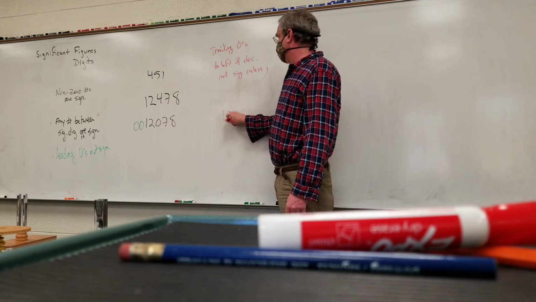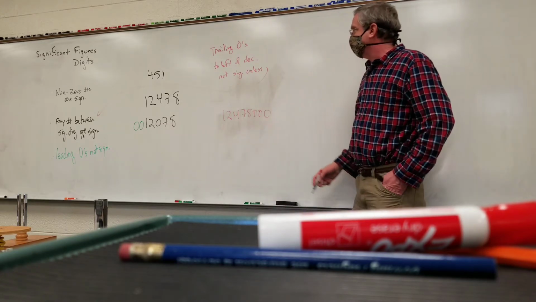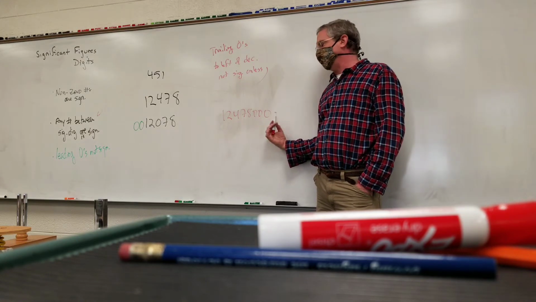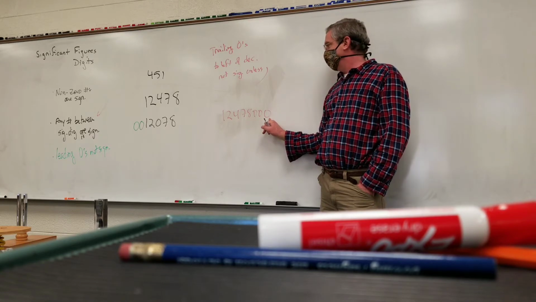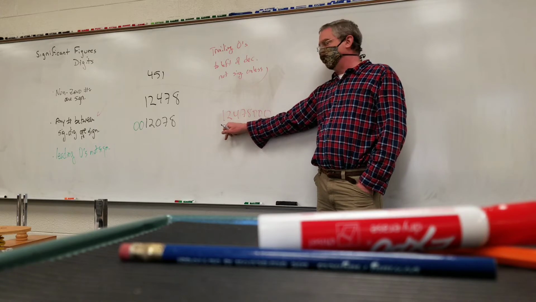So 1, 2, 4, 7, 8, 0, 0, 0. These are trailing zeros. They're to the left of the decimal. Even though a decimal is not written here, it's implied there's a decimal point right here. So these zeros are not significant. This is still 5 significant figures.